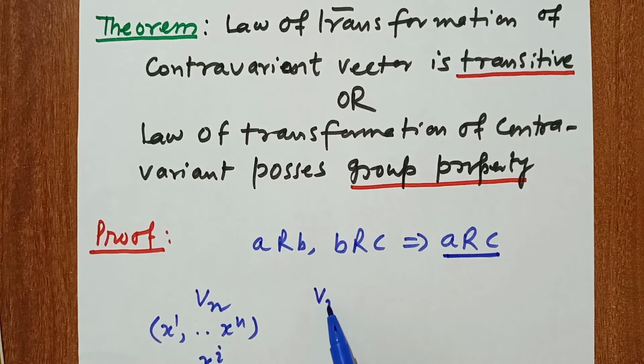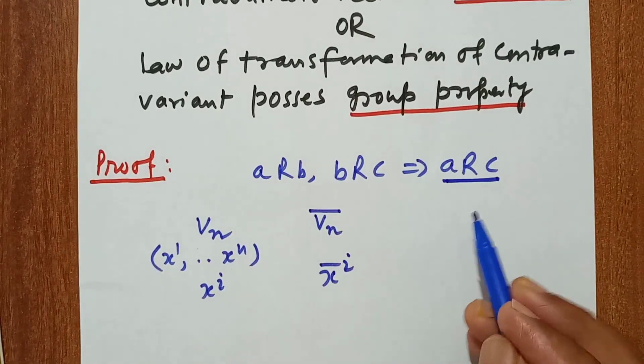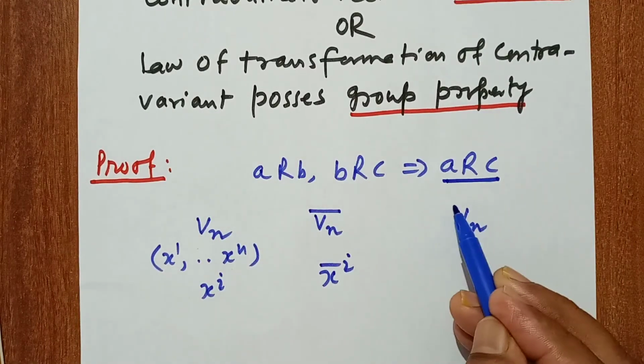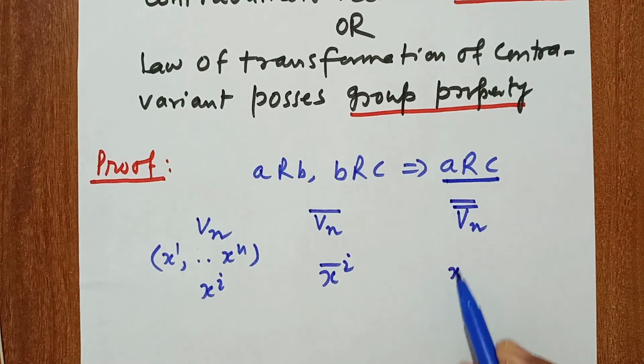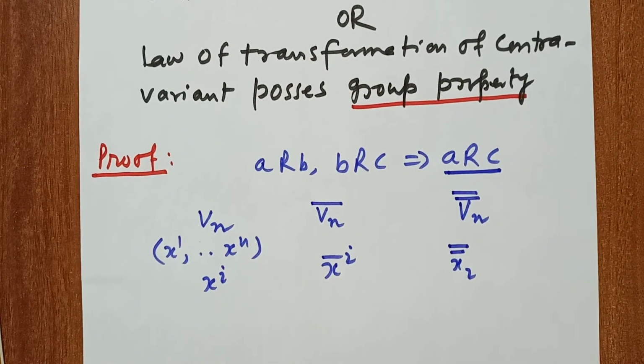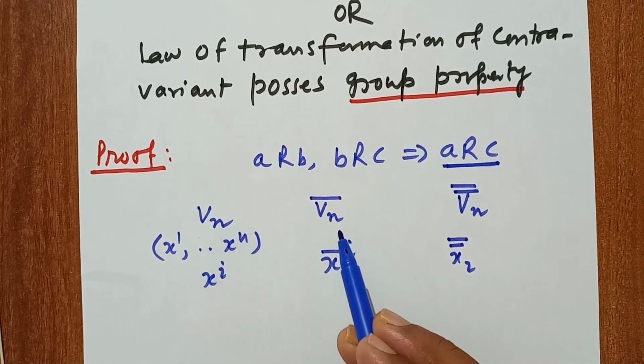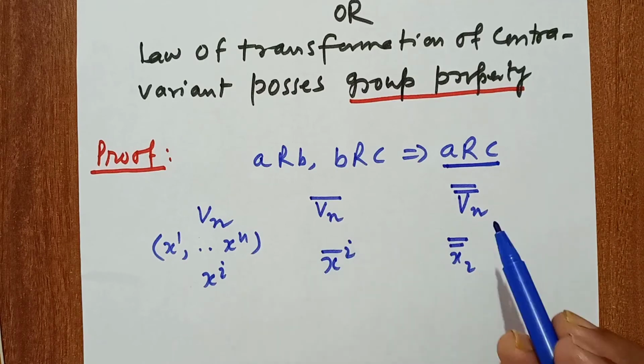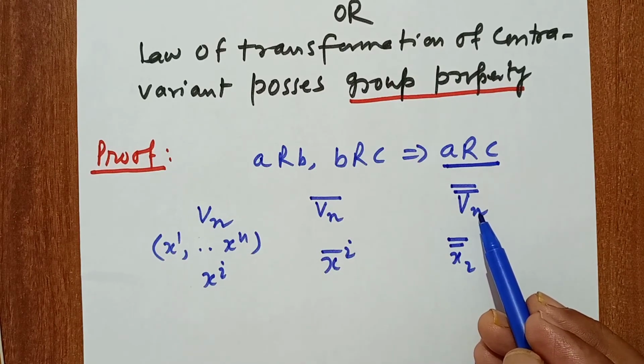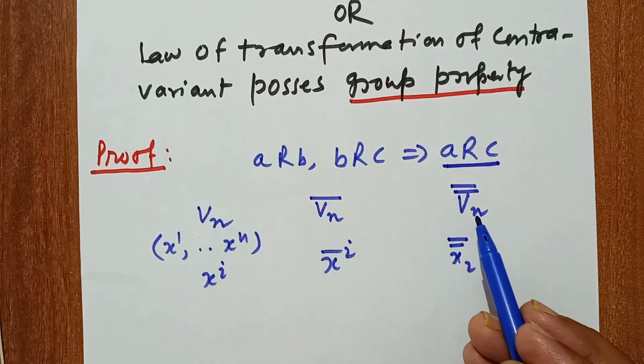Another is Vn bar, with coordinates x̄ⁱ. And the third is Vn double bar, with coordinates x̿ⁱ. If Vn is related to Vn bar, and Vn bar to Vn double bar, we show Vn is related to Vn double bar.